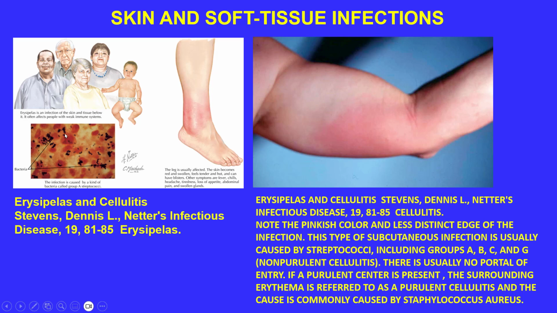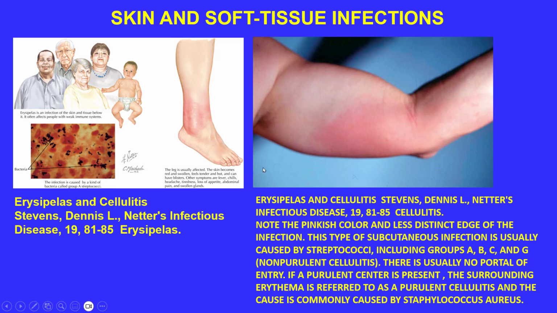You can see how it's been stained out. Now, the leg is usually one of the areas that's affected. The skin becomes red, swollen, feels tender and hot, can have blisters. The other symptoms include fever, chills, headache, tiredness, loss of appetite, abdominal pain, and swollen glands.